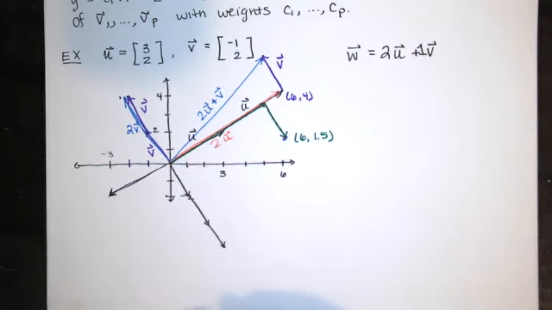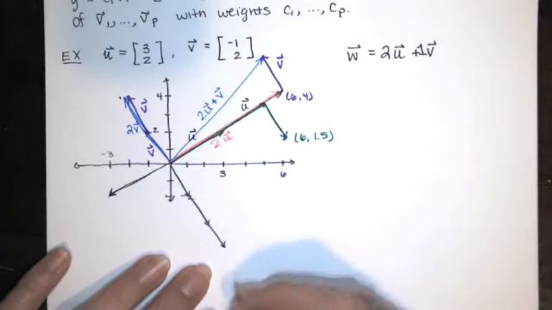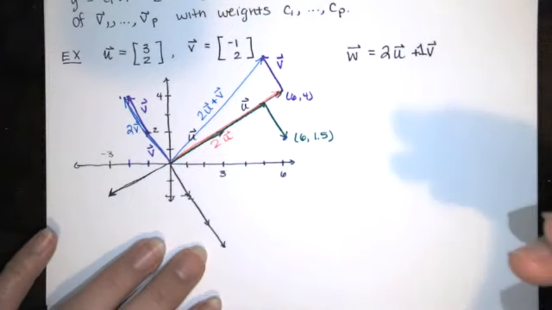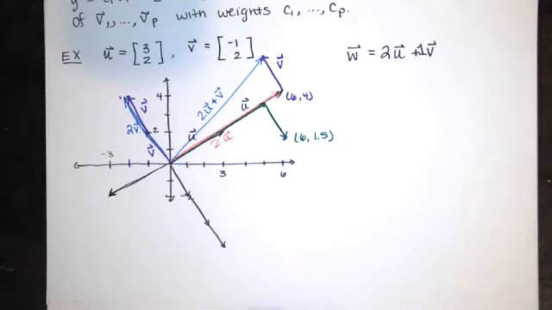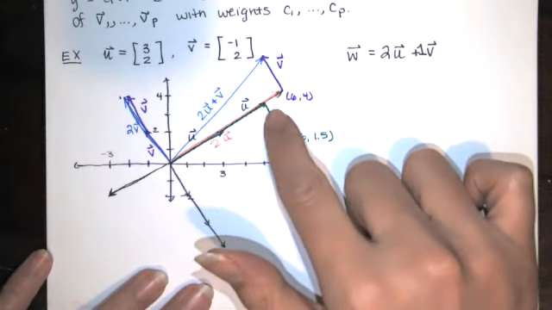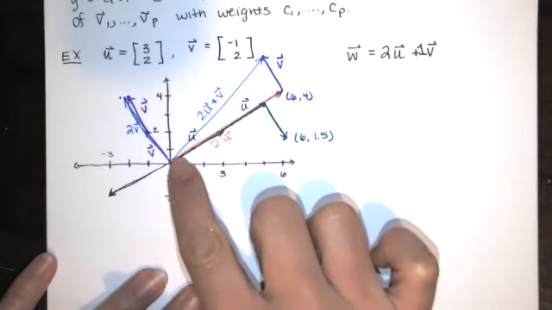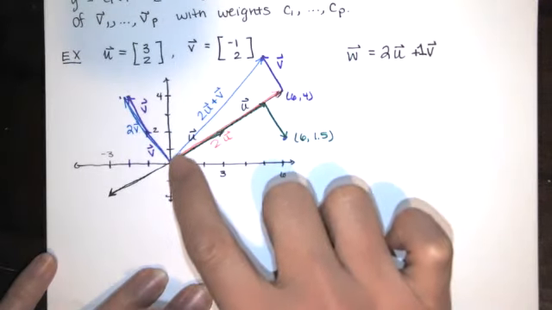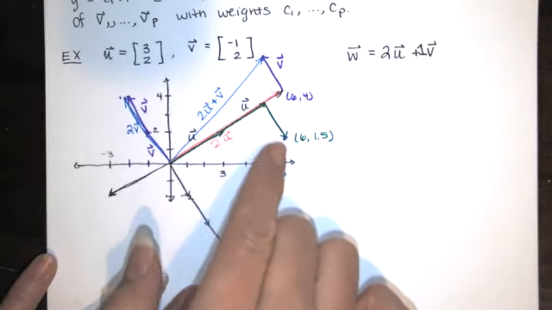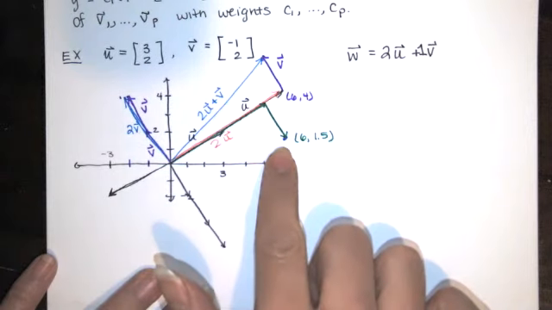It's like you're taking that layover again, but instead of going from one location to another and to another, like I was talking about with Tulsa to DC to New York City, instead what we're doing is we're choosing to stay on a path parallel to u, and we're choosing to stay on a path parallel to v. And we're saying, if I go this many units in the direction parallel to u, and then I go this many units in the direction parallel to v, and I add those together, I can end up here.